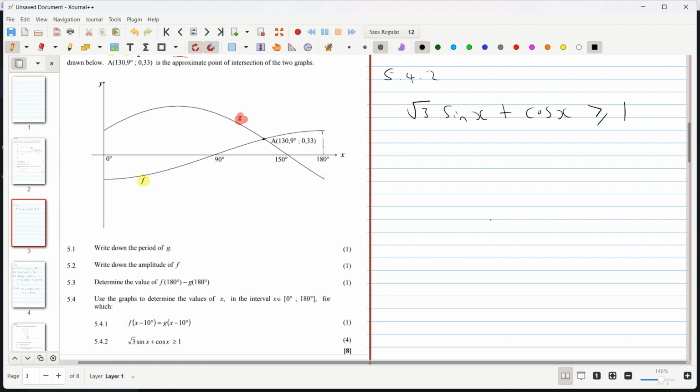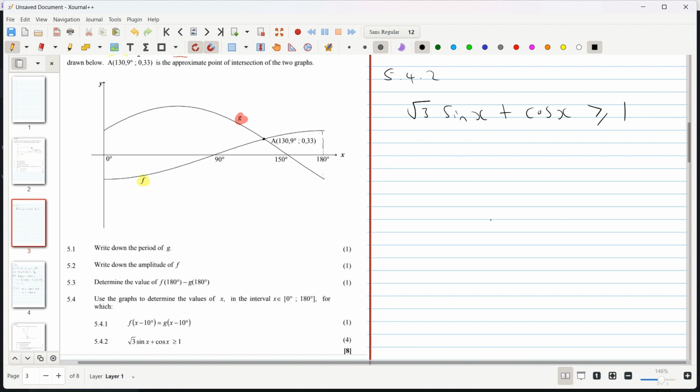In order for us to solve for x, we need to reduce, because we have sine x and cos x, so it's two functions. We have to reduce these two functions into one function so that we can solve for x.